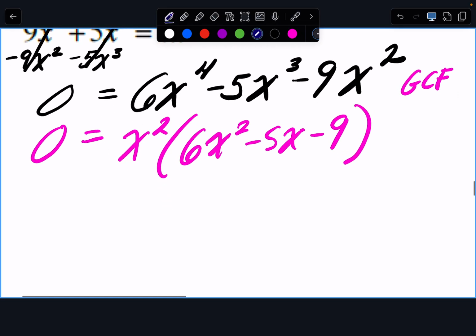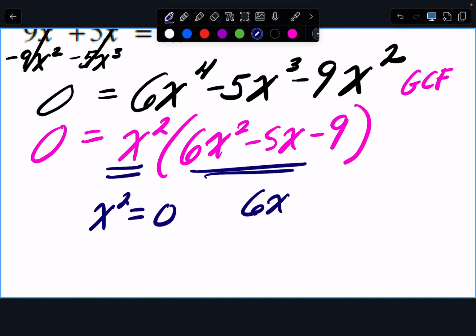Now, this is my thought process. If I'm being asked to solve here, do I even need P over Q? No, my goal is to get it to be quadratic and linear. Isn't this quadratic and this quadratic? Then I don't need the P over Q method. I'm just going to set these equal to 0. X squared equals 0. 6x squared minus 5x minus 9 equals 0. I'm then going to solve each.